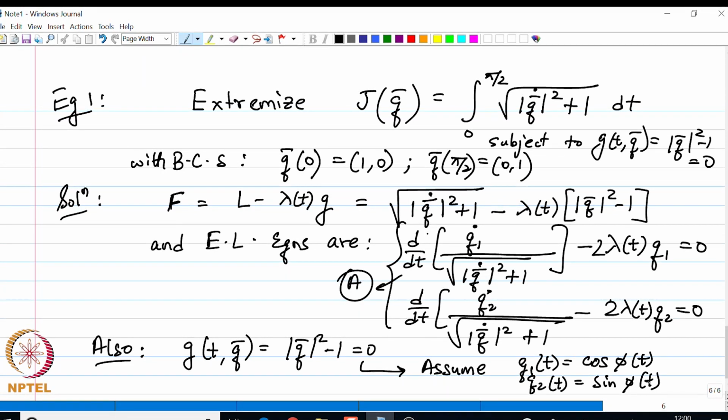Instead of two variables q1 and q2, we now have just one variable phi to solve for, and of course the second functional variable, lambda of t.